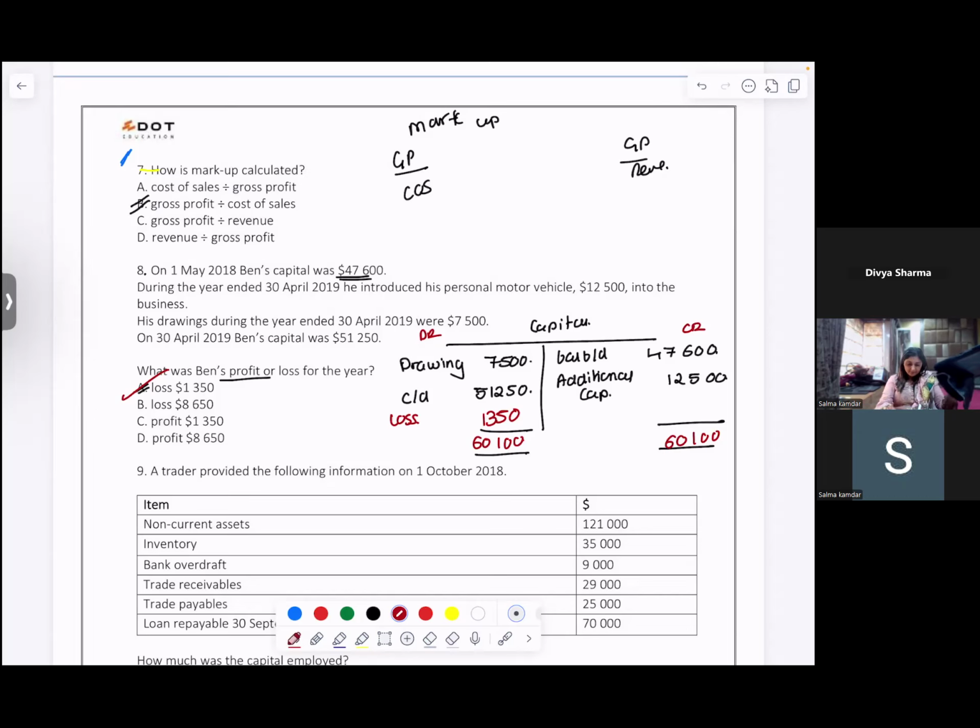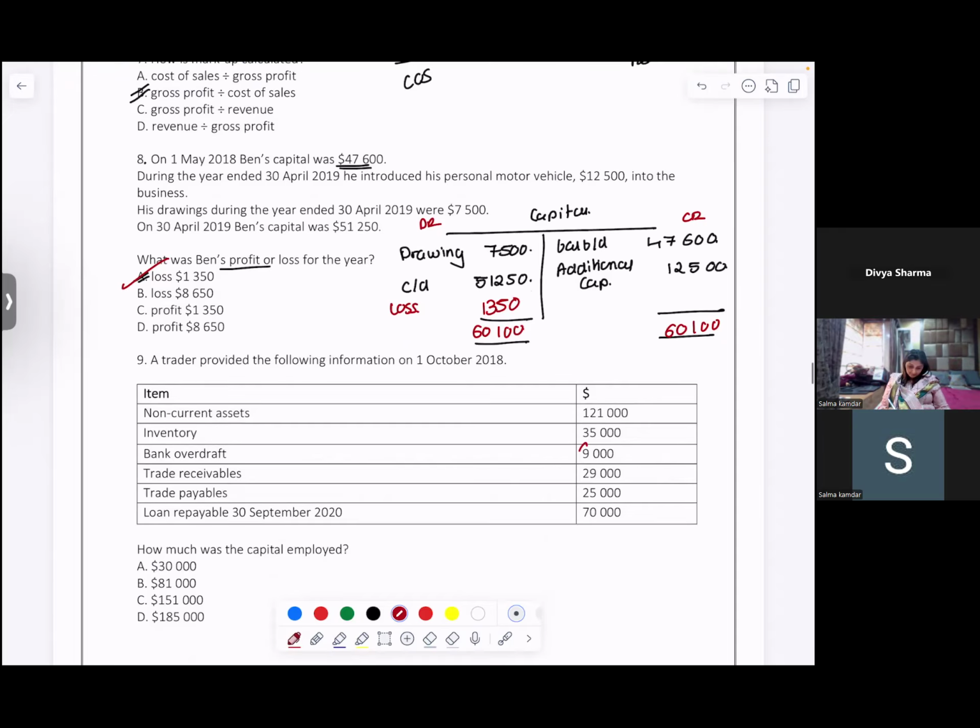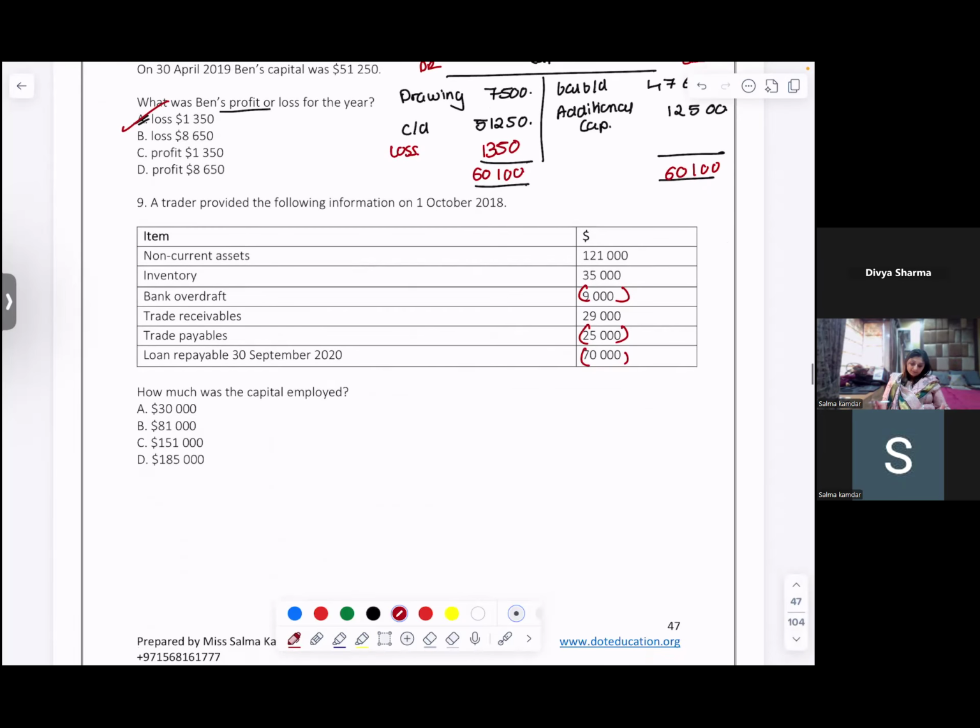Now you can put brackets on this 9,000 bank overdraft, trade payable, and loan repayable of 70,000. What are we asked to find out? Your capital employed. What is the formula for capital employed?